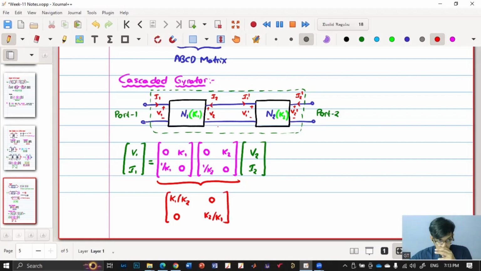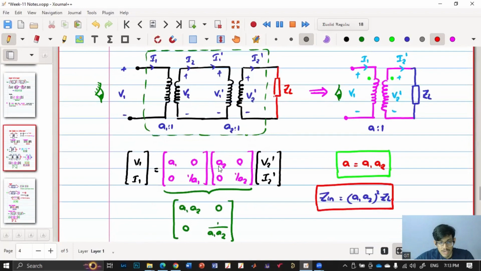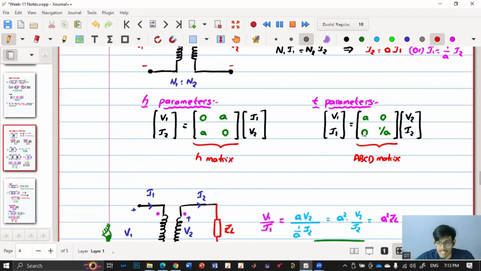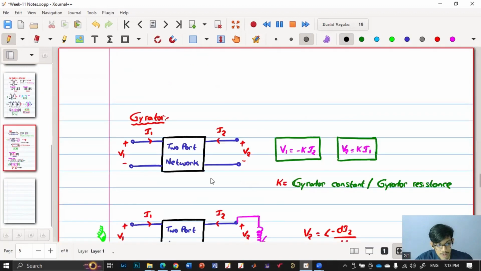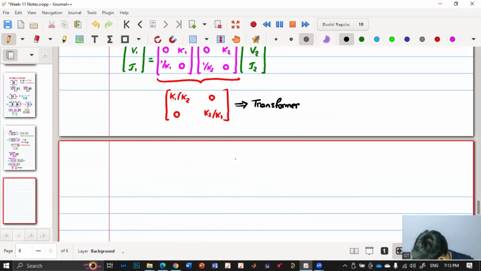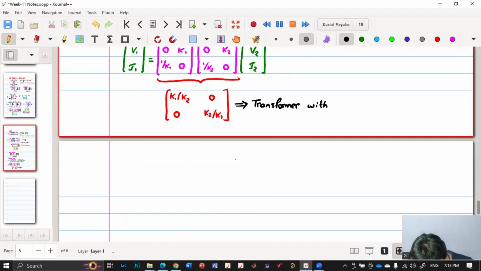Okay, how does this look familiar to you? If you go back, the transformer has an ABCD matrix of A, 0, 0, 1 by A. And here also it is similar, right? If this is A, this is 1 by A. So it is as if there is a transformer with turns ratio A equal to K1 by K2.